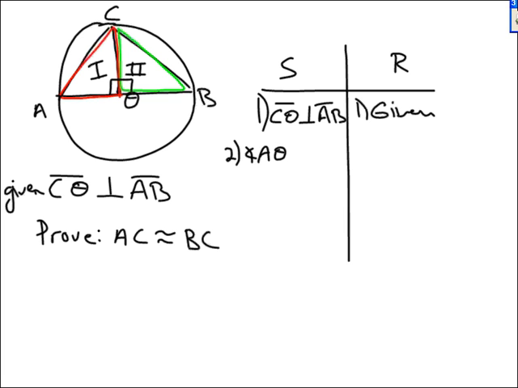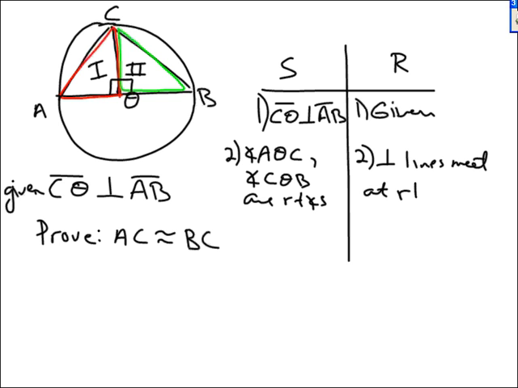Angle AOC and angle COB are right angles. Two perpendicular lines meet at right angles.